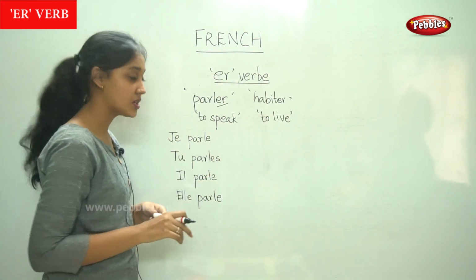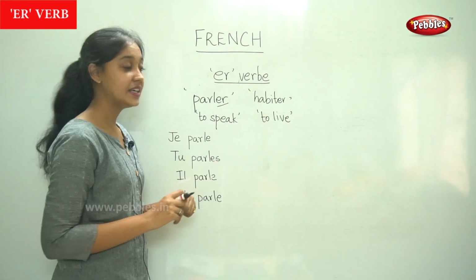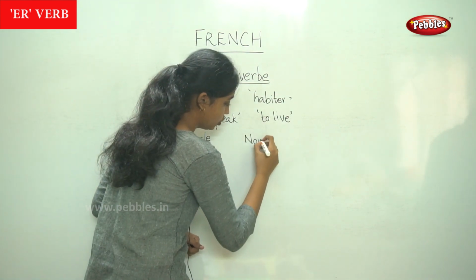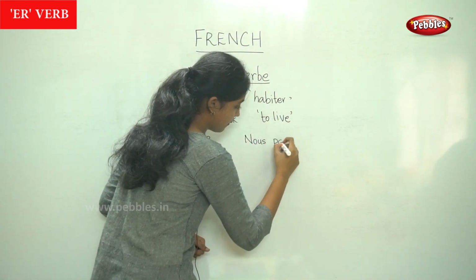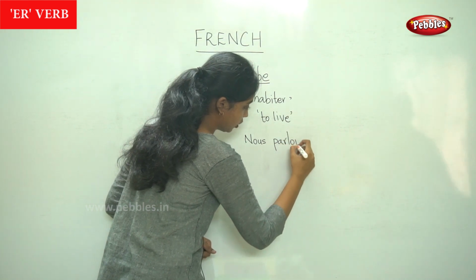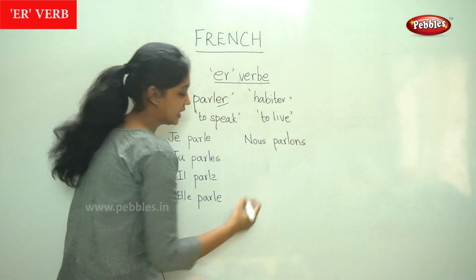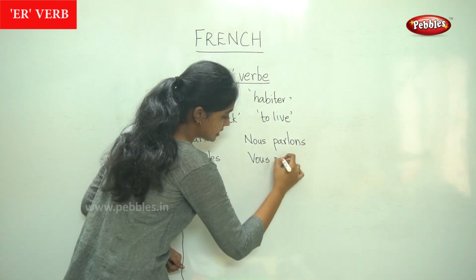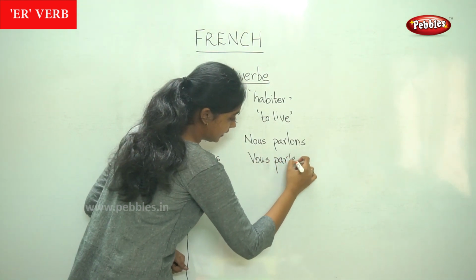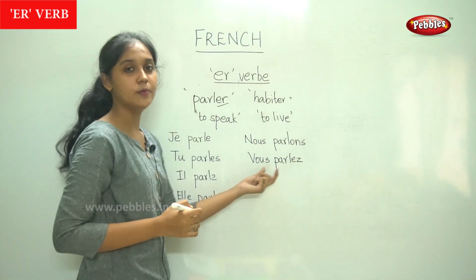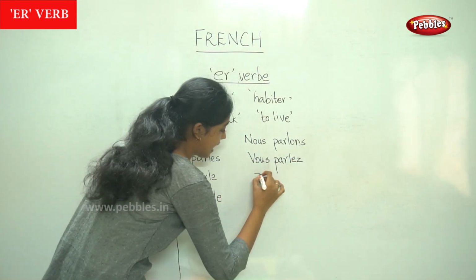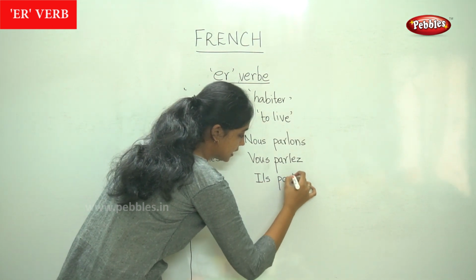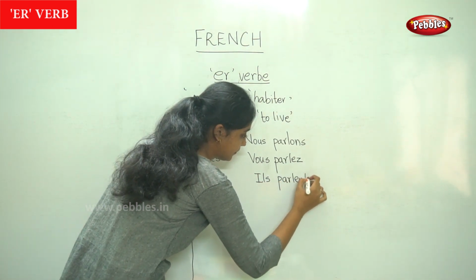And do you remember what is the next ending? Yes, it is ONS. Nous parlons. Then for vous, it is EZ. Vous parlez. And for ils, it is ENT.